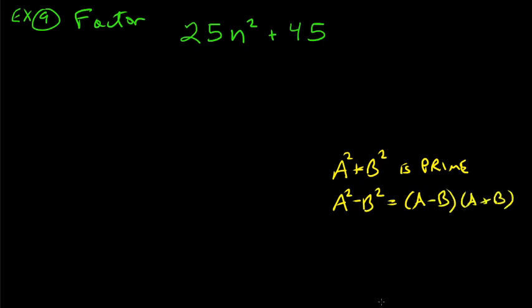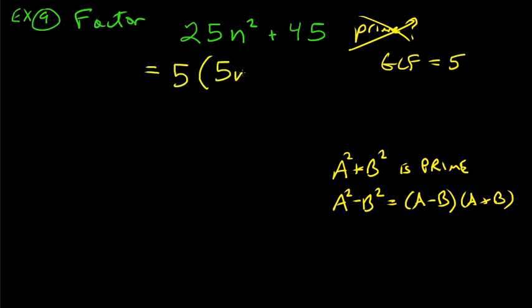Okay, so prime? No, not exactly. So remember what we skipped? We skipped GCF. And the GCF here is not 1. 25 and 45 are both divisible by 5. So I think the GCF here is 5. So we should factor out the 5, and that leaves us with 5n plus 9.